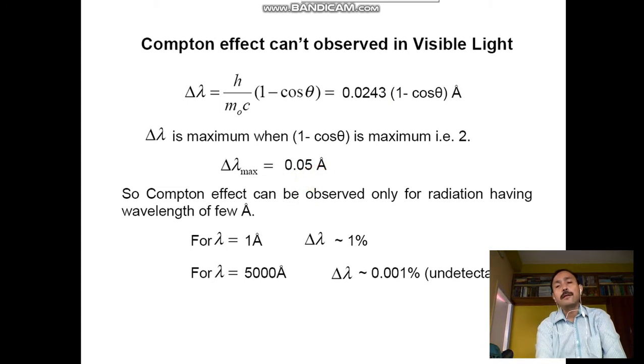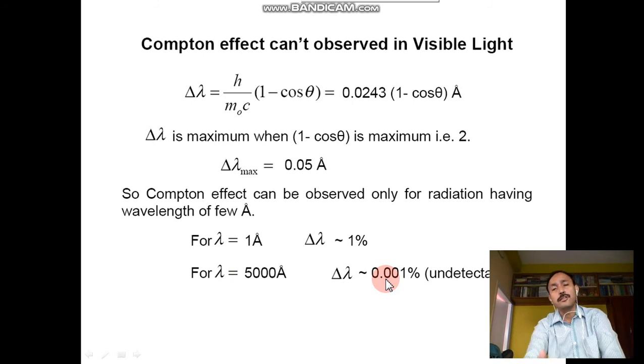So Compton effect can be observed only by radiation having wavelength of a few angstrom. For lambda equal to 1 angstrom, delta lambda is 1%. For lambda equal to 5000 angstrom, delta lambda is almost 0.001 angstrom.